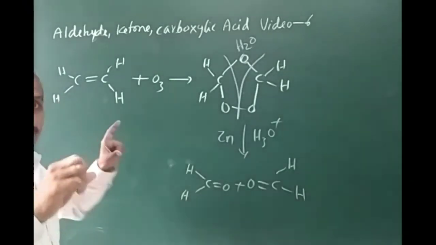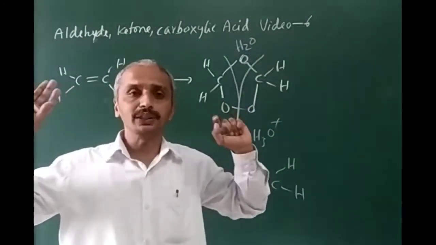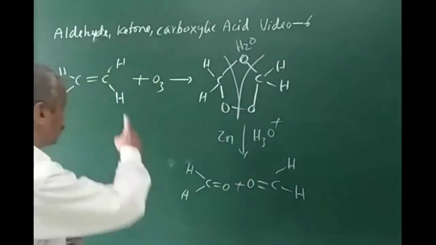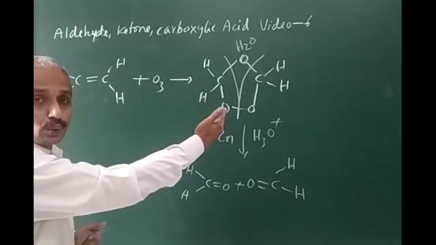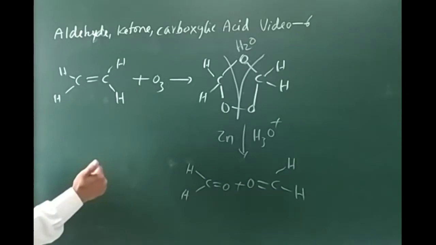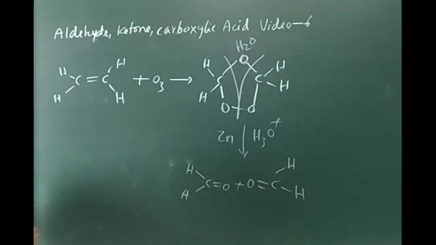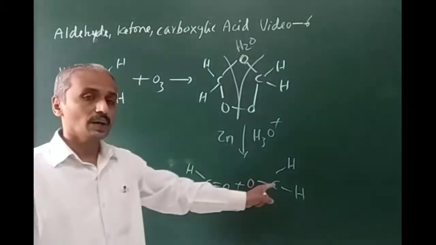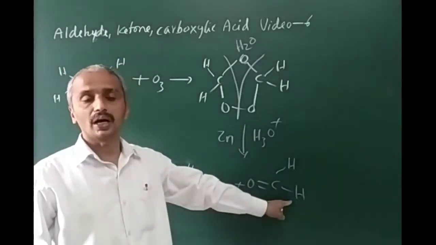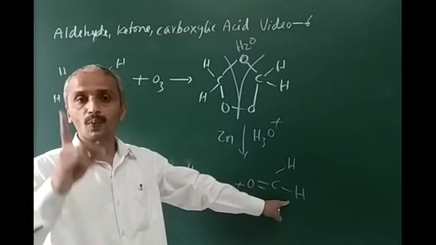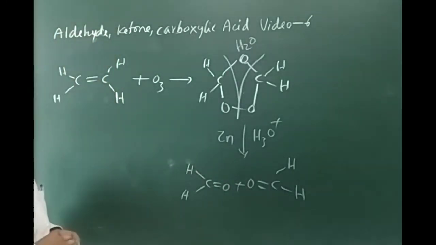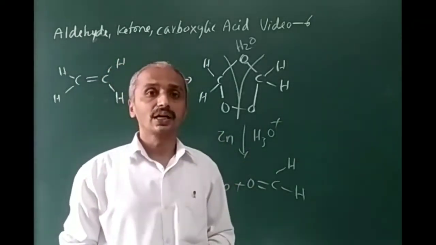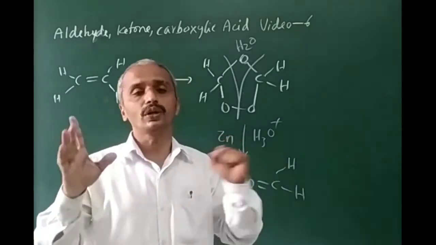Across the double bond, the same number of carbons should be there on either side. So one carbon here, one carbon this side also. Say one side 2 carbons and another side only 1 carbon, it is an unsymmetrical alkene. Then I am going to get a mixture of aldehydes, provided there are no substitutions. If higher alkenes are there and a substitution is there, I will end with a ketone also.